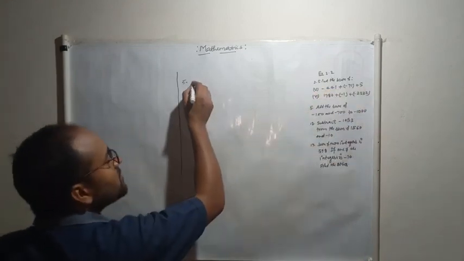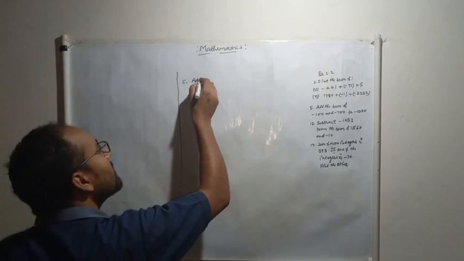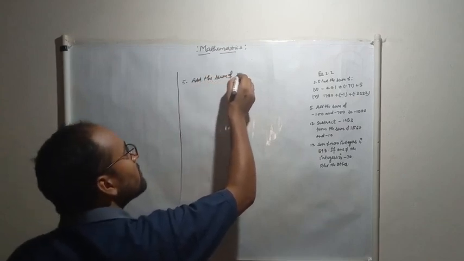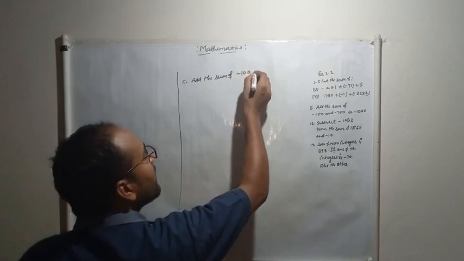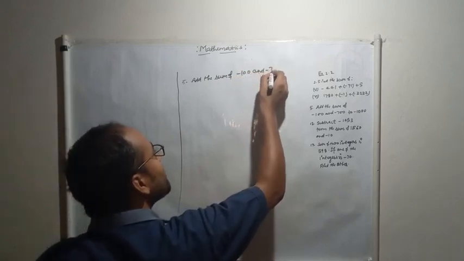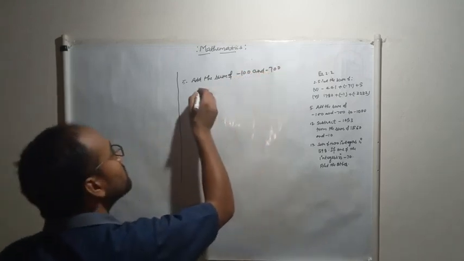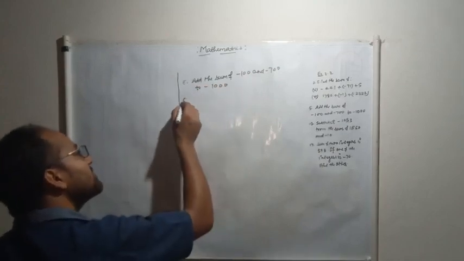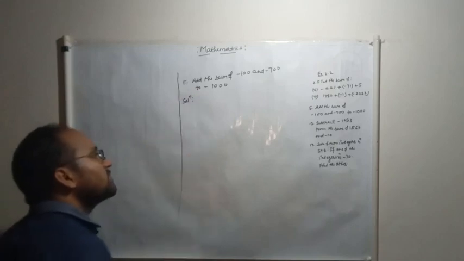So this is your question. Add the sum of minus 100 and minus 700 to minus 1000. I am going to do the solution of this one.